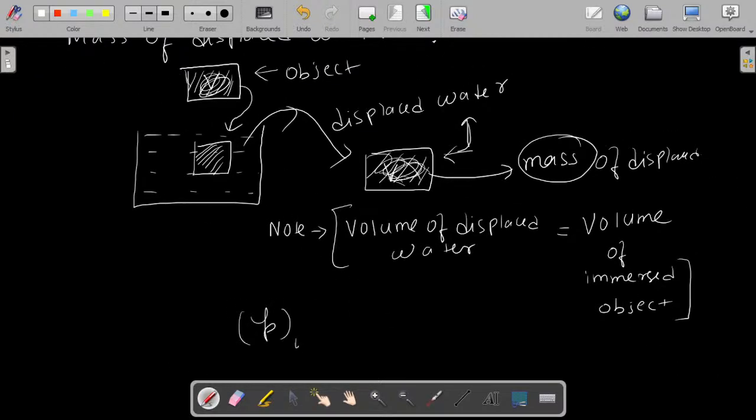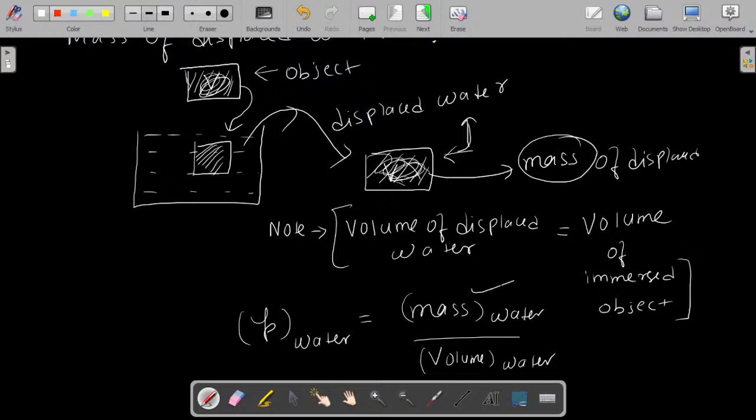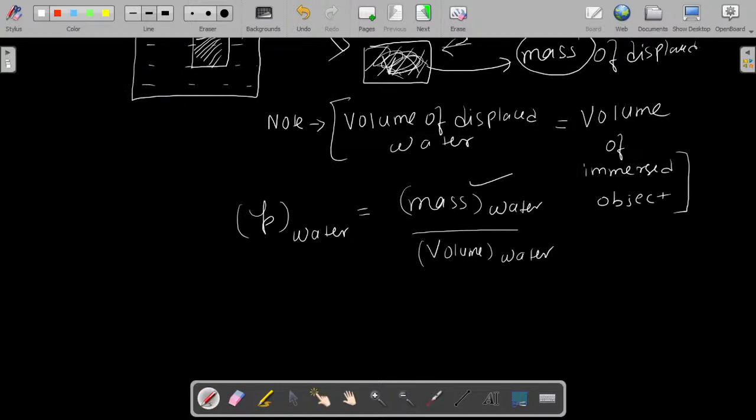We know that. Write down. Density of water is mass of displaced water upon volume of displaced water. So we have to find this mass of displaced water. Cross multiply it. You know the density of water.